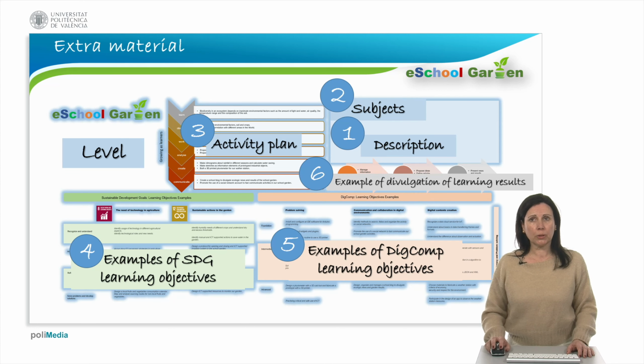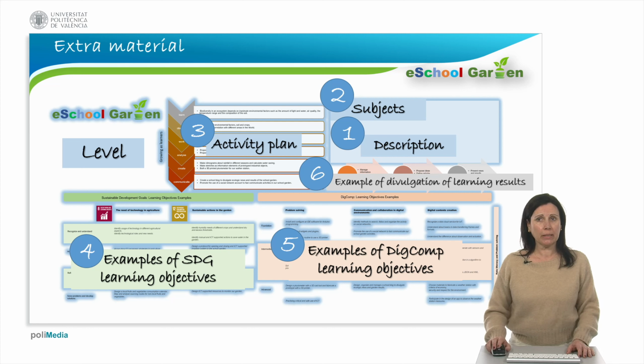Moreover, the module includes an infographic with a program with four levels, being level 1 the easiest to implement and level 4 the most difficult. Each level contains six information sets. Number 1 is the learning activity description. Number 2 proposes different subjects to participate in the activity. Number 3 is the activity plan proposed as a sequence of learning.